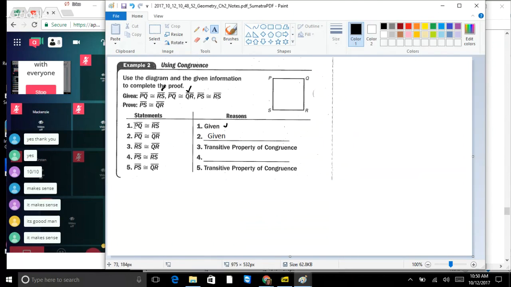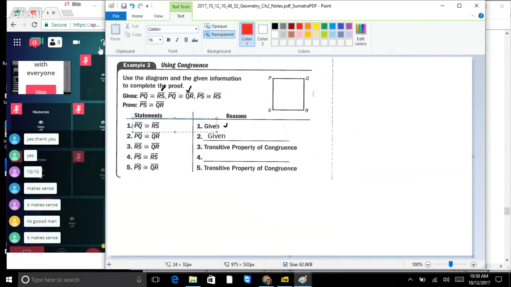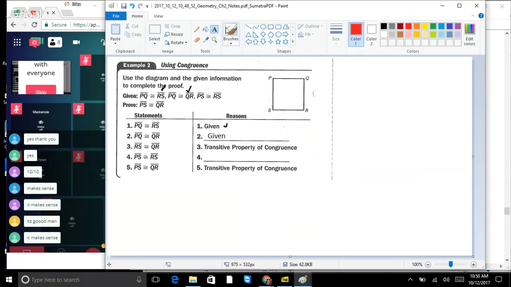Because PQ is congruent to RS and PQ is congruent to QR, we can conclude that RS is congruent to QR.